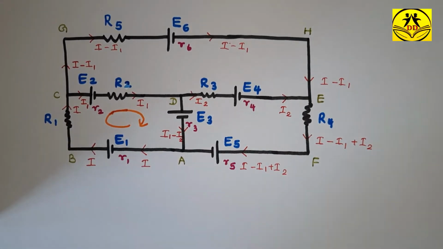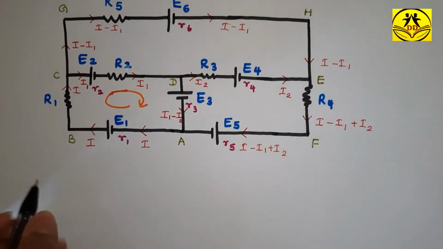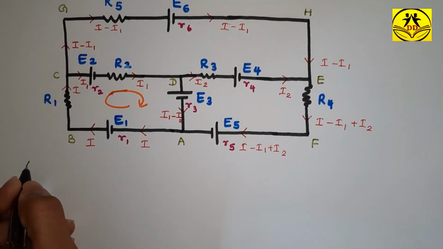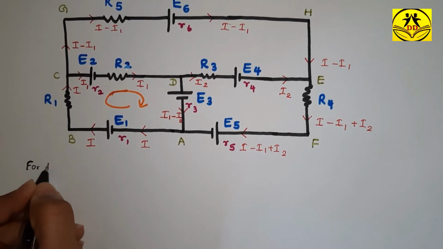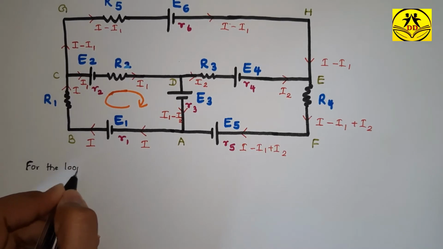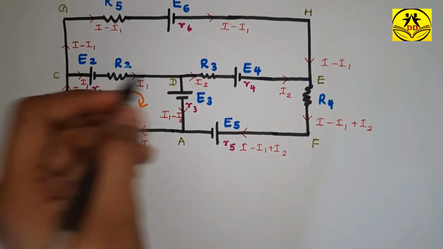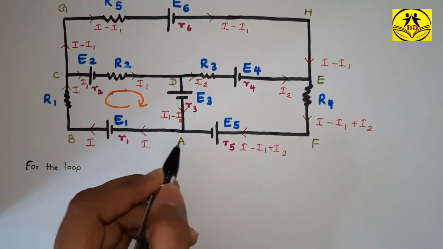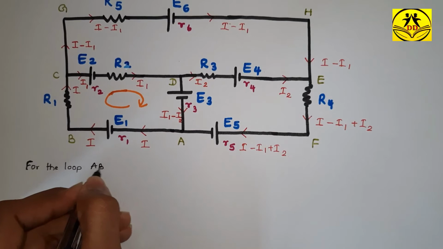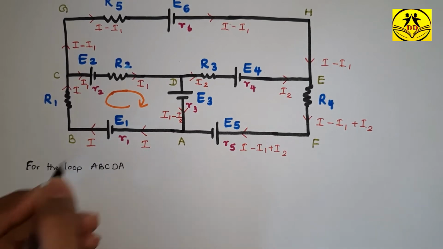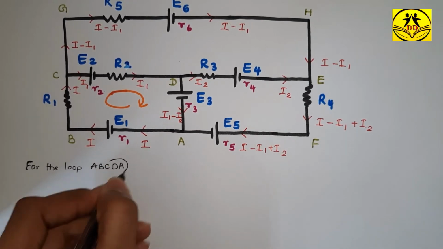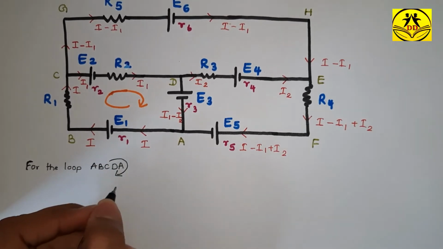When writing, you should write for the loop A, B, C, D, A. If it's a loop, you have to end it at the letter you started. Now you denote a loop.